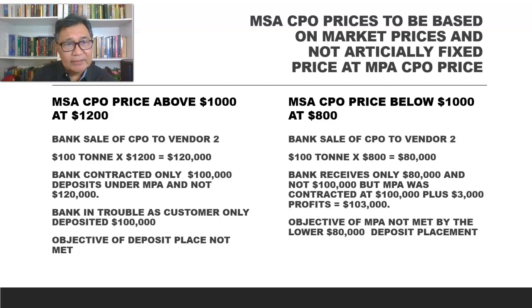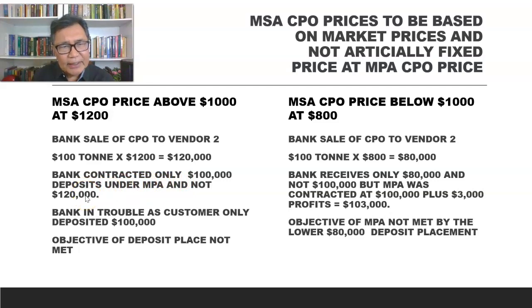But the problem here is that this placement has been conducted earlier under the MPA contract, where the bank has contracted the amount of 100,000 agreed upon earlier with the depositor, and not 120,000.